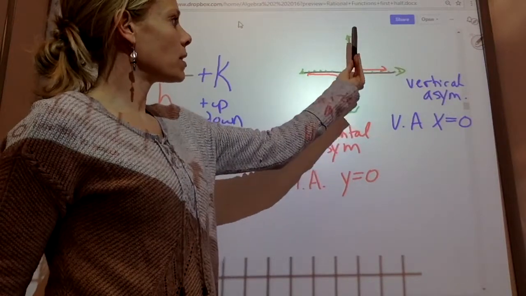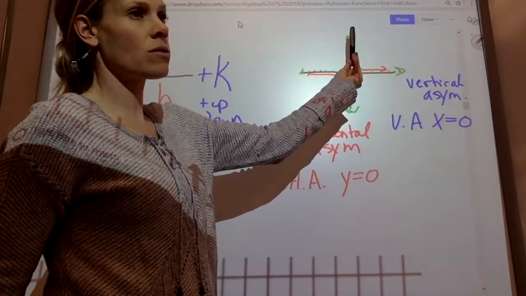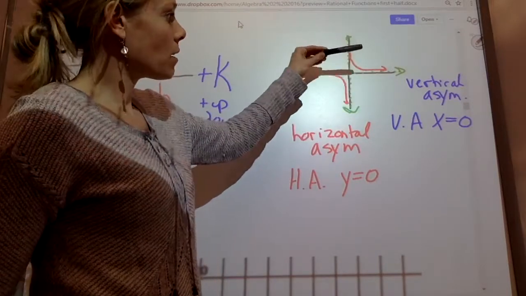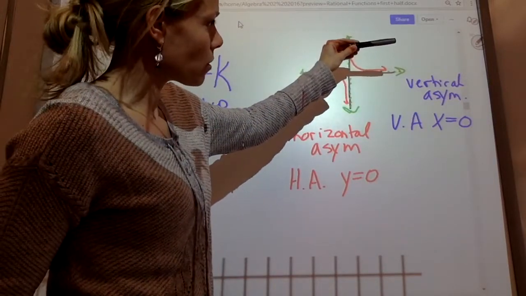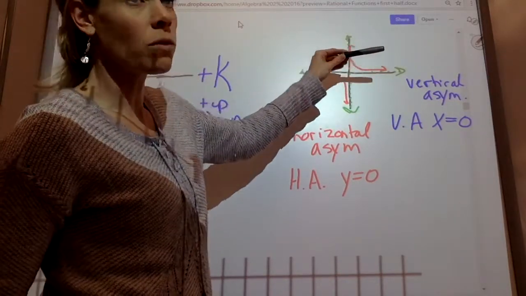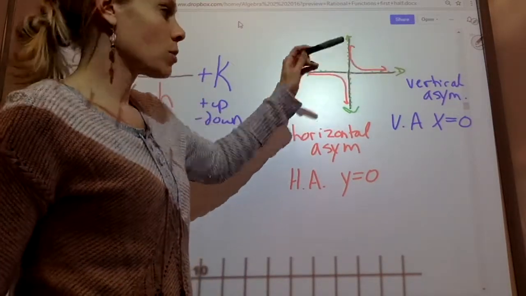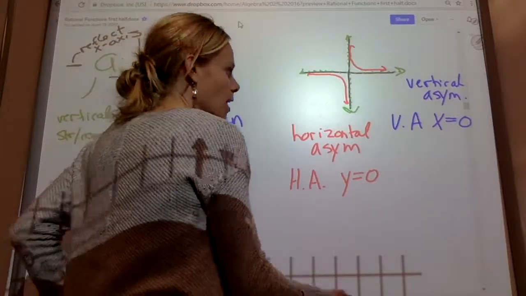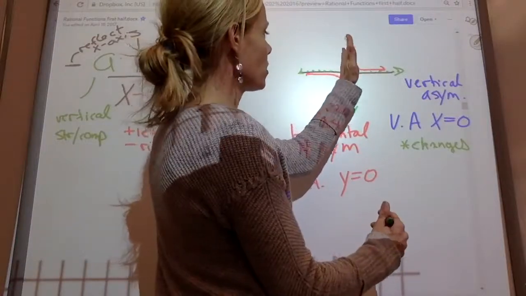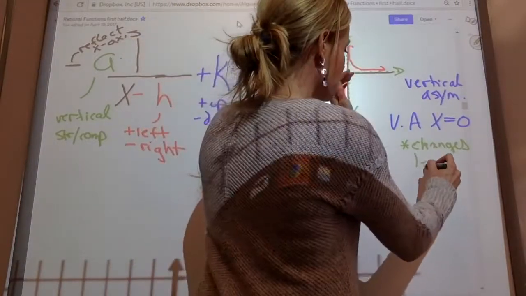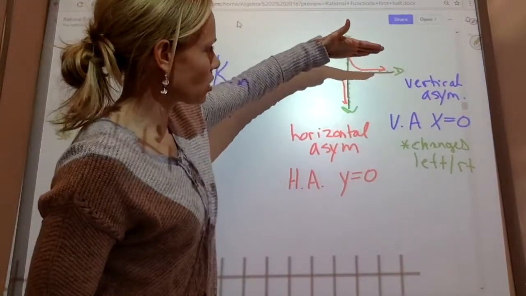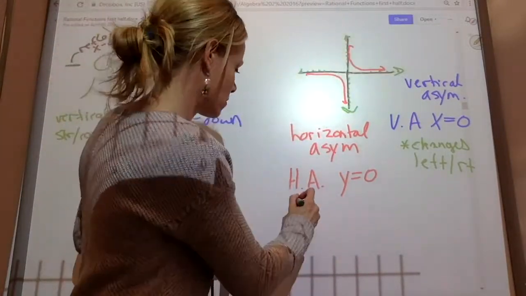So if I move up and down, my vertical asymptote stays x equals 0. But if I look at the horizontal asymptote and I move up and down, see how my horizontal asymptote is moving with it? So the vertical asymptote changes when I move left and right, and my horizontal asymptote changes when I move up and down.